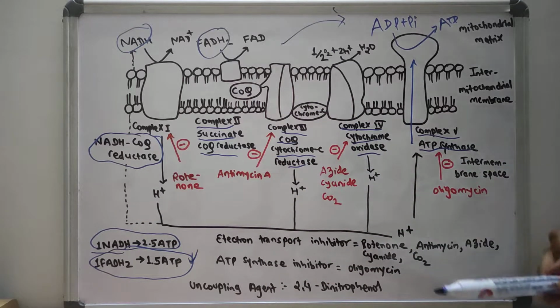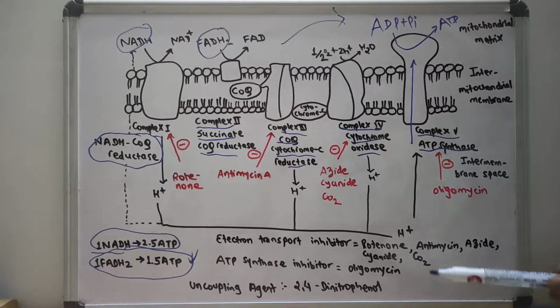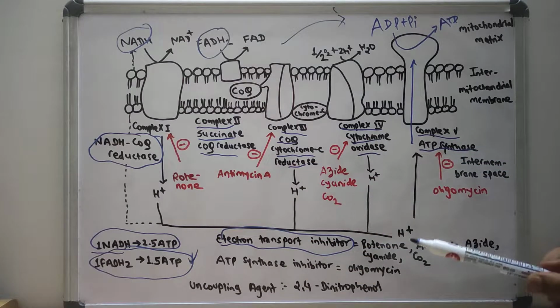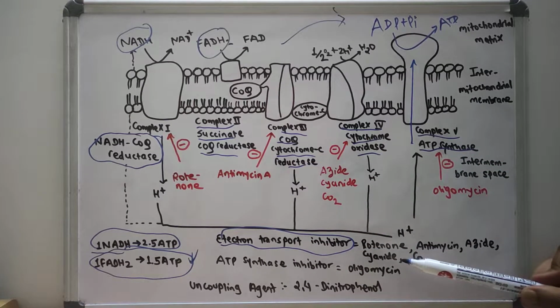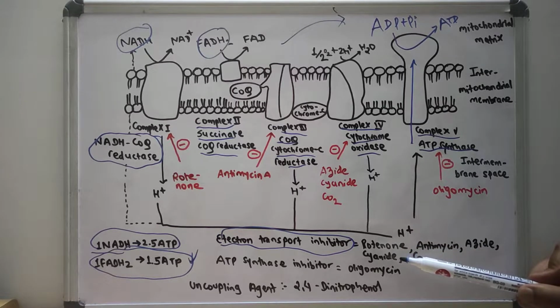So now we are going to read about electron transport inhibitors, ATP synthase inhibitors and uncoupling agents. The electron transport inhibitors directly inhibit the electron transport, causing a decrease in proton gradient and blocking ATP synthesis.